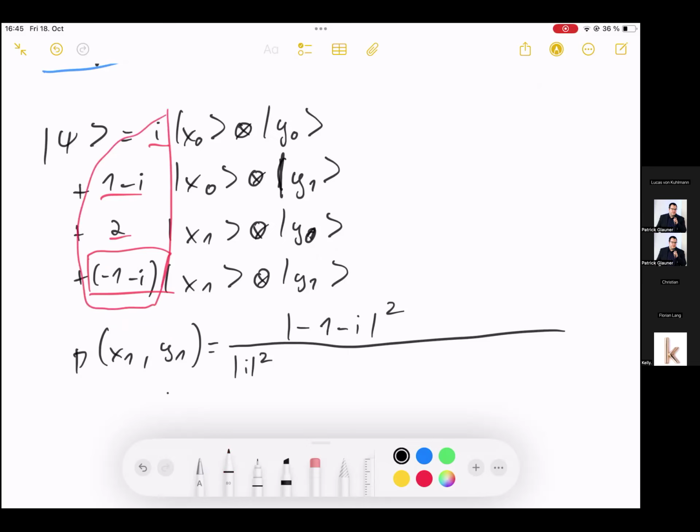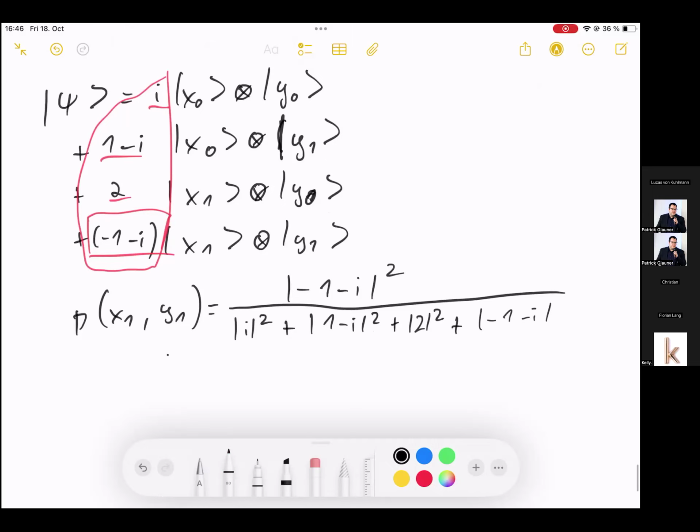So it's the modulus squared of i, the modulus squared of 1 minus i, the modulus squared of 2, and the modulus squared of -1 minus i. You can try to solve this briefly and then send us the result here in the chat, what you think the answer could be.